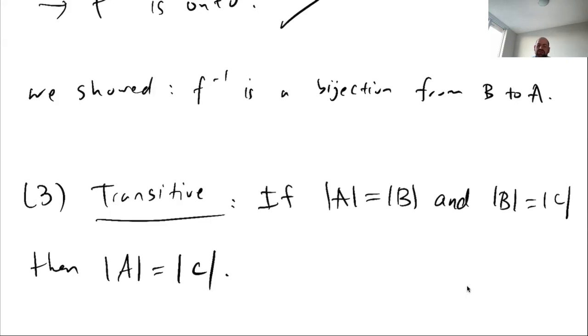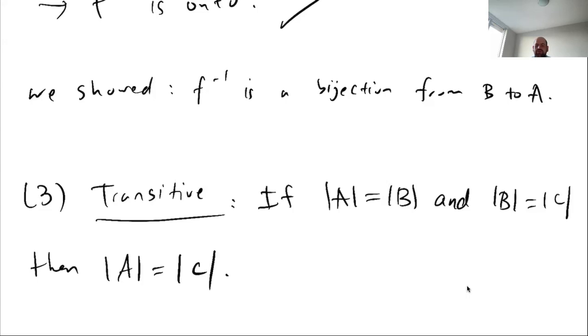So in this case, again, equality of cardinalities, cardinality A equals cardinality B, and cardinality B equals cardinality C, implies cardinality A equals cardinality C. And that means our relation is transitive.